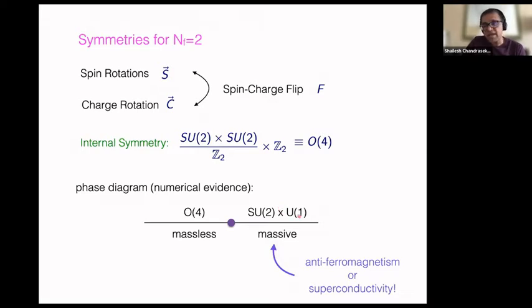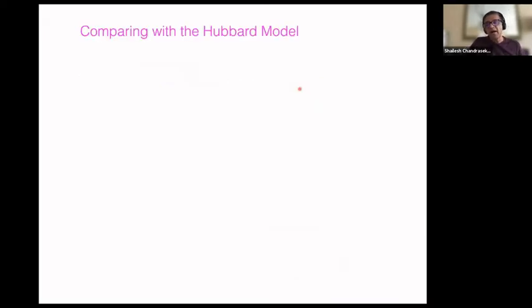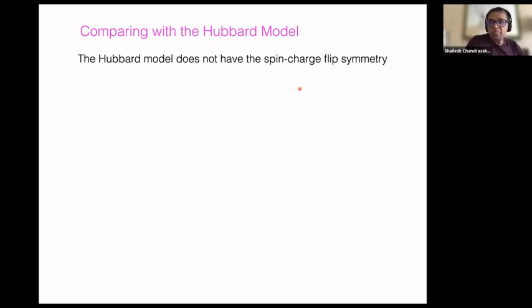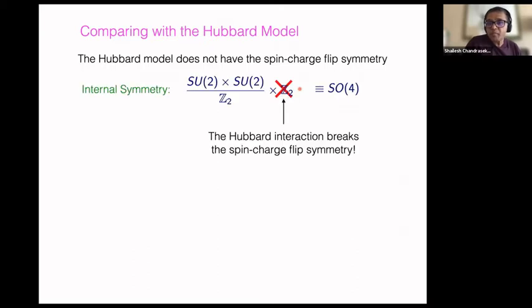And then one might say, well, this is like a usual chiral Heisenberg or Hubbard model type, but not quite, because of the spin charge flip symmetry, right? So this is where it was useful to compare with the Hubbard model. In the Hubbard model, the U term, n minus a half up times n minus a half down, breaks the spin charge flip symmetry, right?